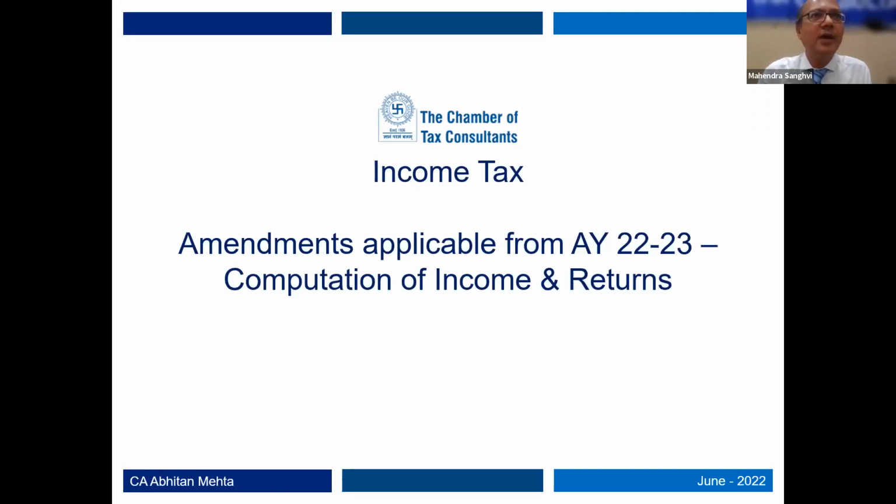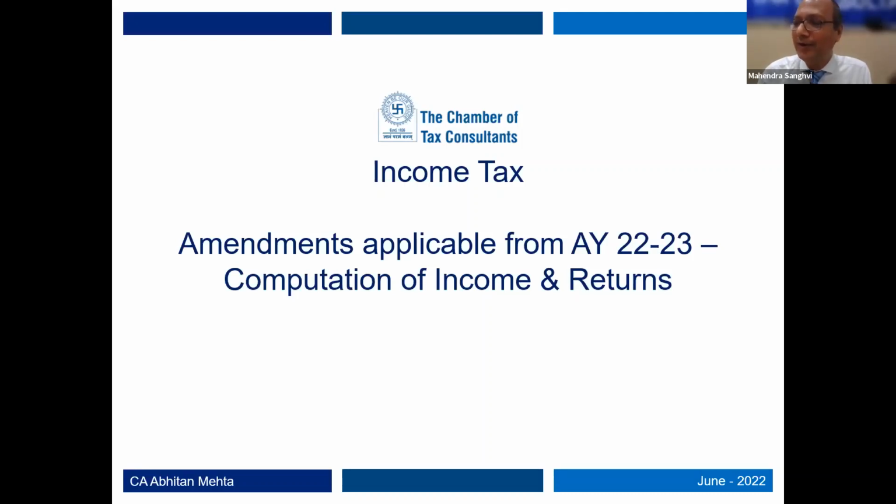And the best one is the updated return. Abhitan has a slide, and he would be covering these updated returns, how to make our return updated on the returns which have been filed or which have remained to be filed.